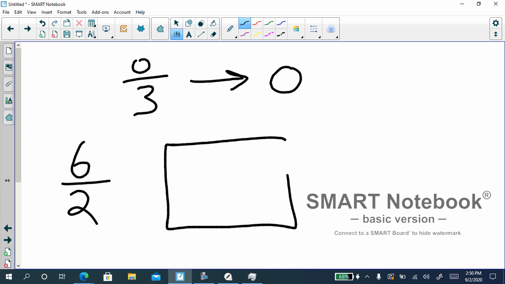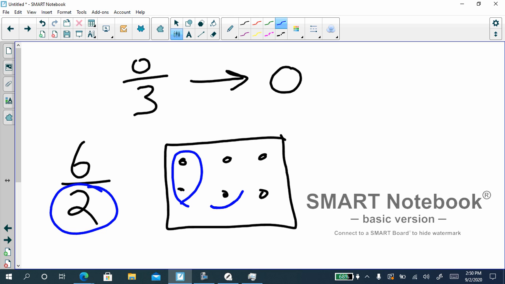If I have a container and I have 6 cookies in it, and I want to divide that into groups of 2, there are 2, there are 2, and there are 2.